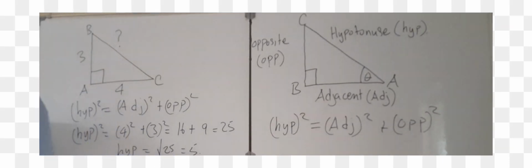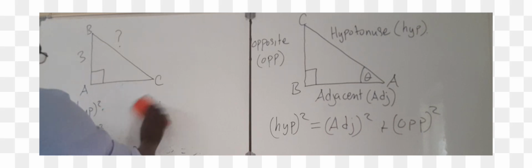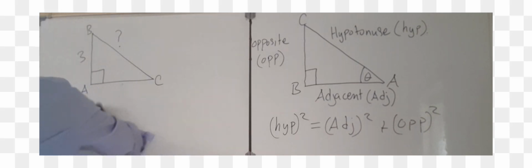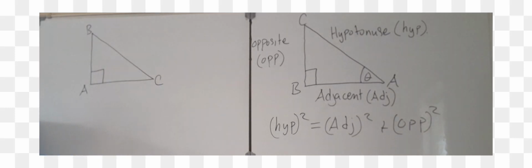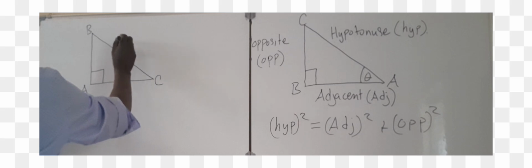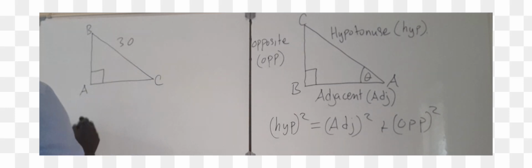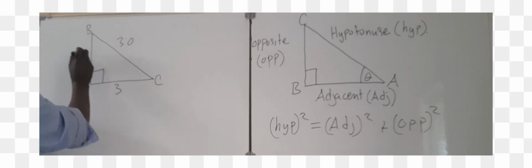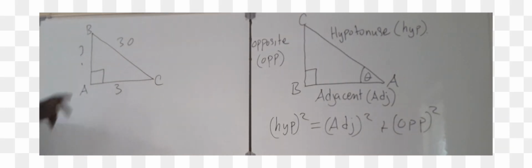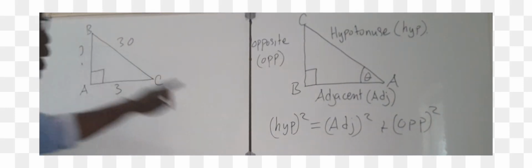Let's take another example. Now supposing we are given this side as, let's say it's 30, and we're given this side it's 3. The question is, what is that side? Of course, this side from our triangle here is the opposite side. We are given the adjacent side and the hypotenuse.